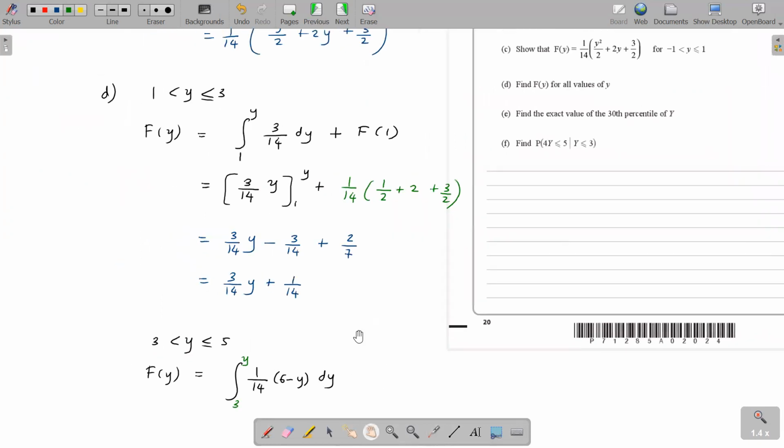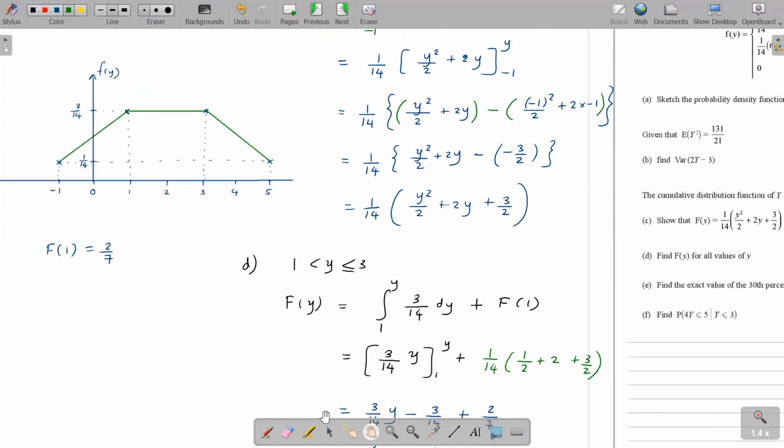But it's not over, because when you integrate from 3 to y, you will only get the area from 3 until whatever the y value is. But when you give capital F, say 4.5, capital F(4.5) is not supposed to be just this area, but the entire area behind. So what should we do? I have to add capital F(3).